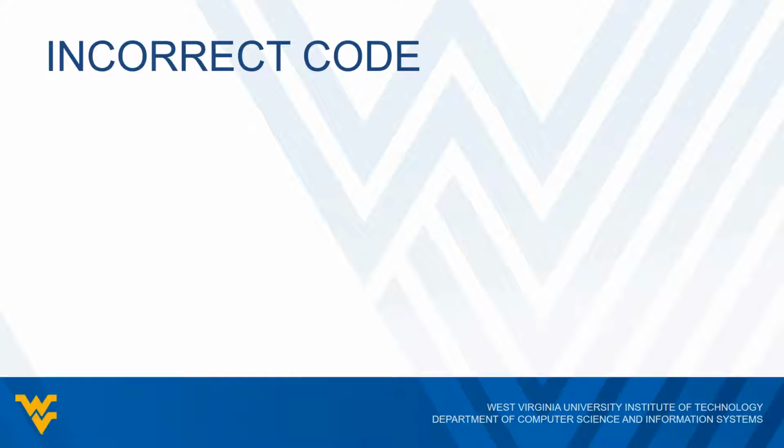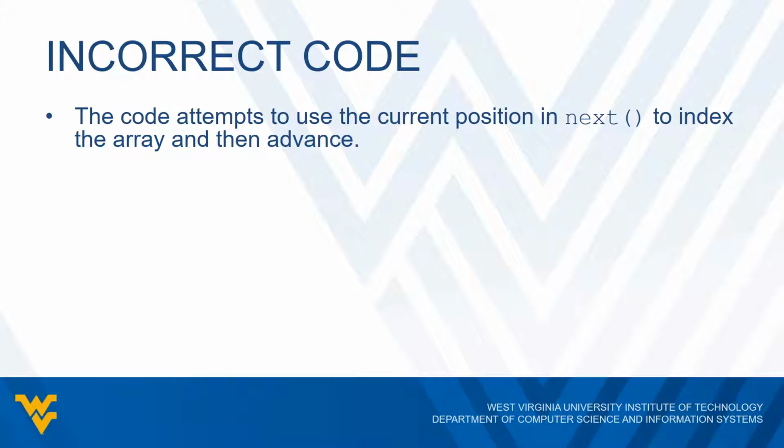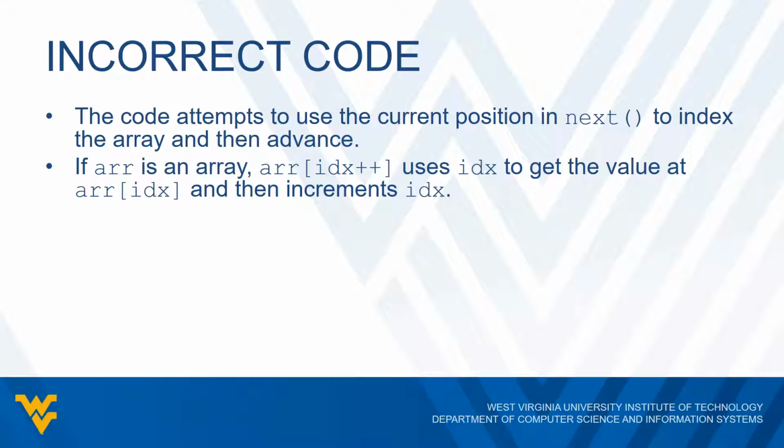Now, I should note that the current code that we gave is not correct. So we'll see why in just a second. What we're doing here is we're attempting to use the current position in next to index the array and then move on to the next element in the array. So let's note that if arr is an array, I'm just going to call it arr, then arr[idx++] uses our index idx to get the value at idx, and then we're going to increment idx.